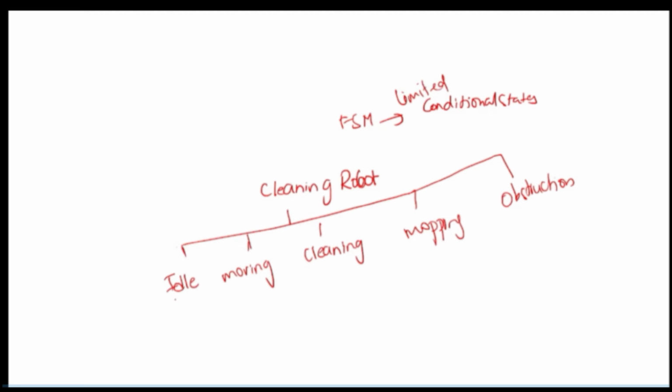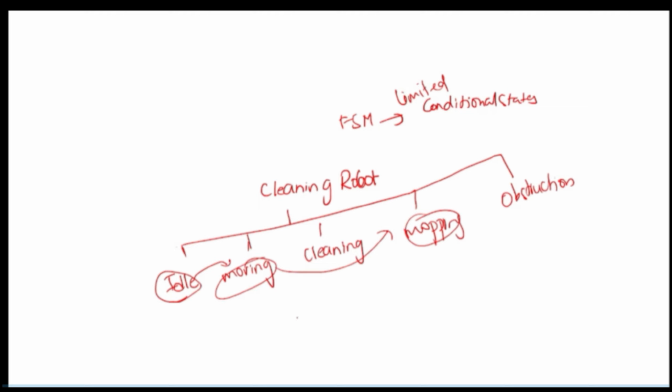That means when your robot is in idle state, it should change from idle state to some moving state, and from moving state it should move to some mopping state. In order to change from one state to another state, it needs certain conditions. It won't move until and unless we give some order or some condition for it, right?